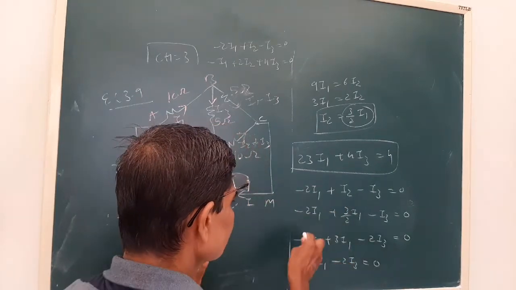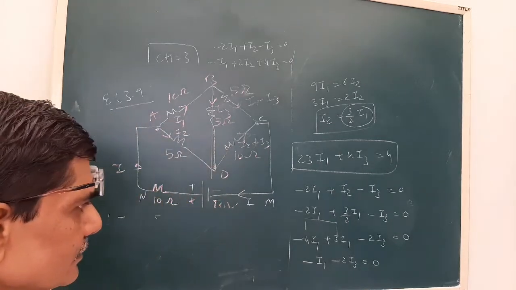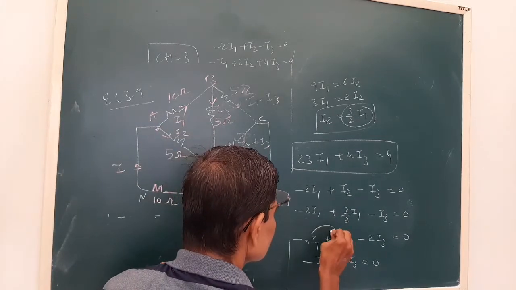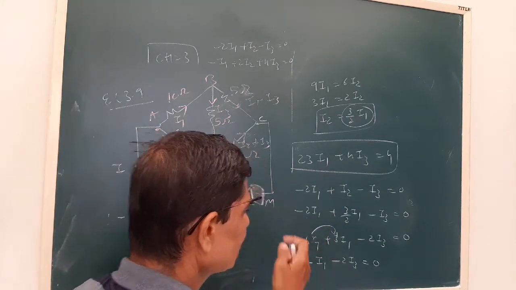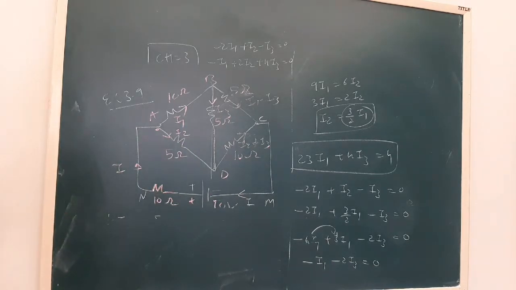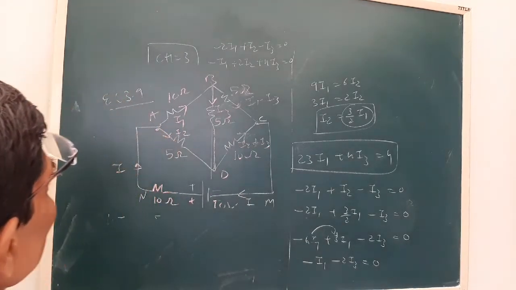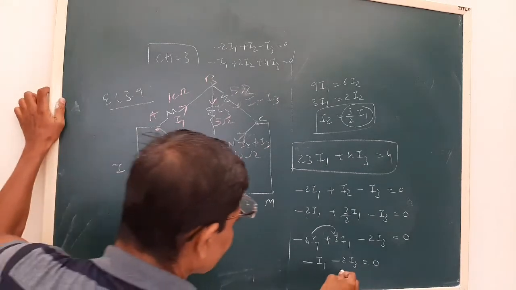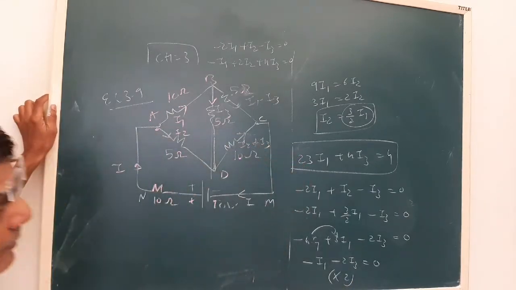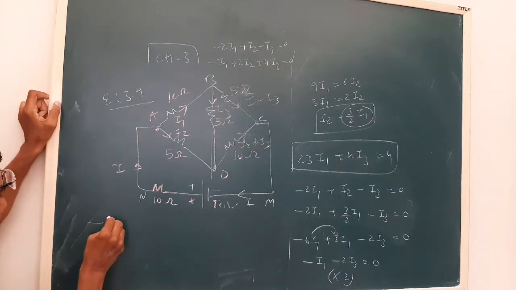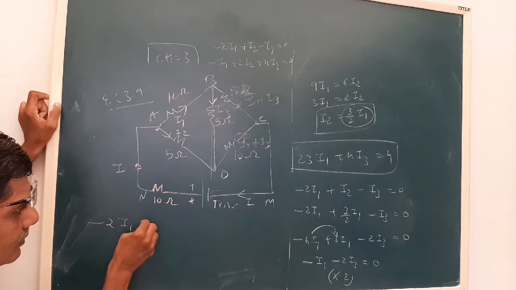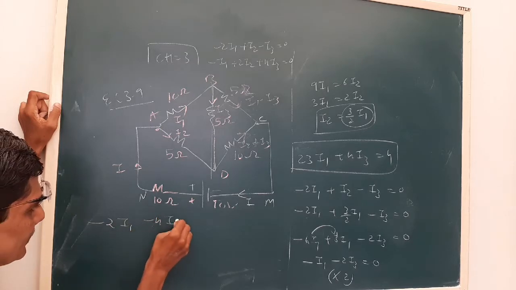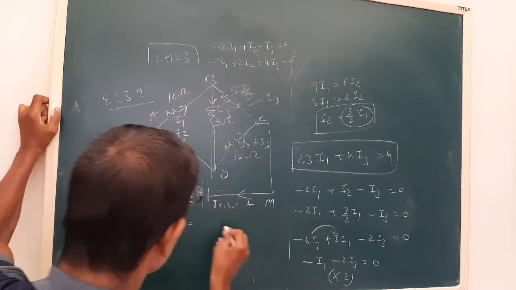Now these are the terms with I1: minus 4I1 plus 3I1 minus 2I3 is 0. Now we use the elimination method. See this equation, if I multiply by 2, it will be minus 2I1 minus 4I3, and 2 into 0 is 0.